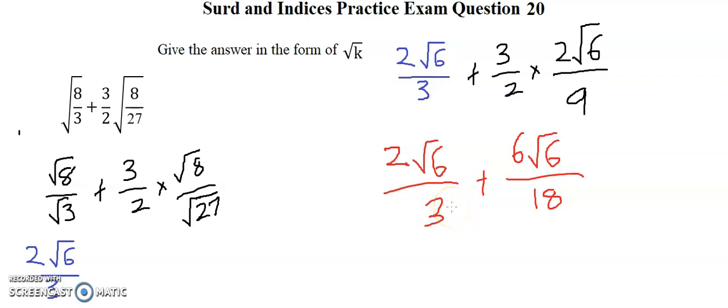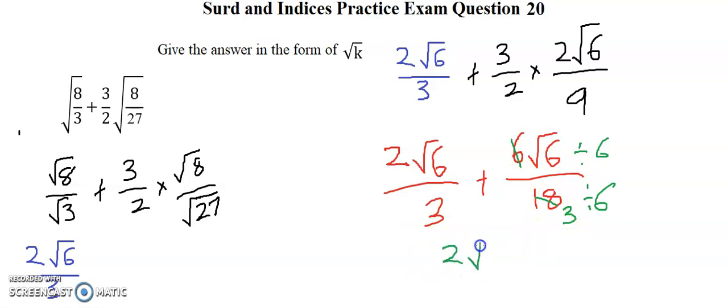Now, to get the denominators to be the same size, I need to multiply. I could multiply my denominator here by 6, but I'll look at my other fraction. There's 6 and 18, and they both have a common factor of 6. So I can just divide both the numerator and denominator by 6. 6 divided by 6 equals 1, and 18 divided by 6 equals 3. So now our denominators are the same.